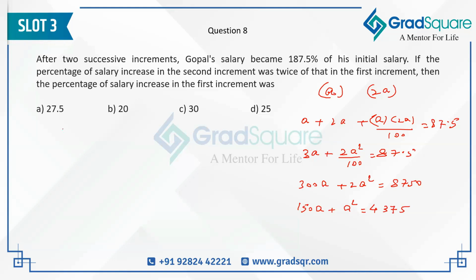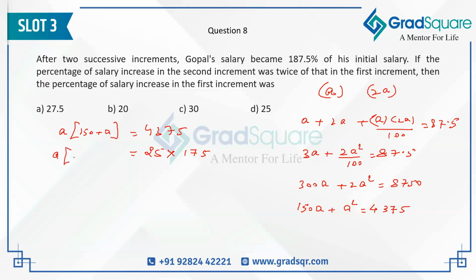Now if you take a common from here, it is a times 150 plus a, which should equal 4375. I look at 4375 and I realize that it is divisible by 25 for sure. Let me factorize this. If I factorize it by 25, it turns out to be 25 into 175. 25 into 7 is 175.